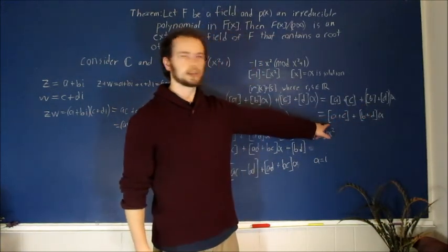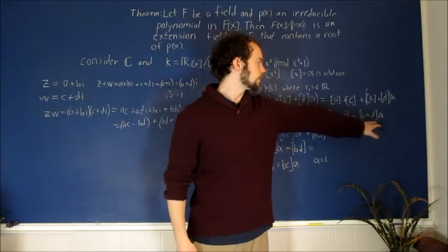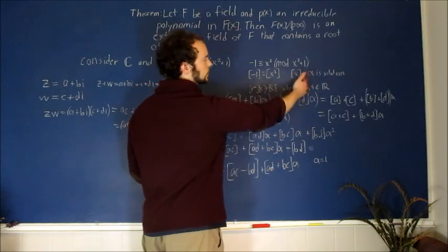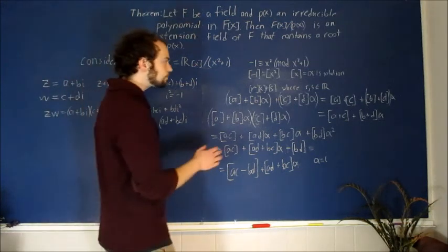Then we can write this as the congruence class of (a plus c) plus the congruence class of (b plus d) times alpha, which remember is our congruence class of x.